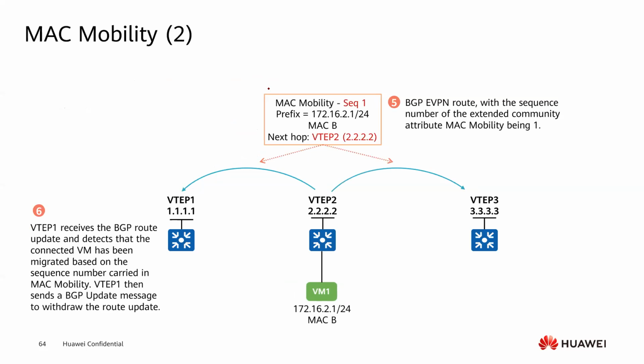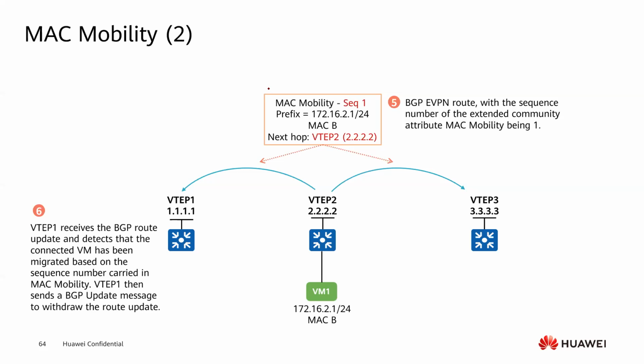And then VTEP2 will send or update the route to other VTEPs, all right? Now the MAC mobility sequence will increase. Now the sequence number is 1.